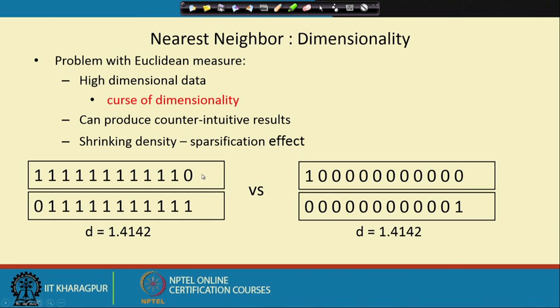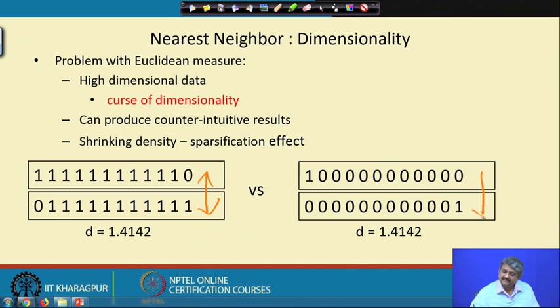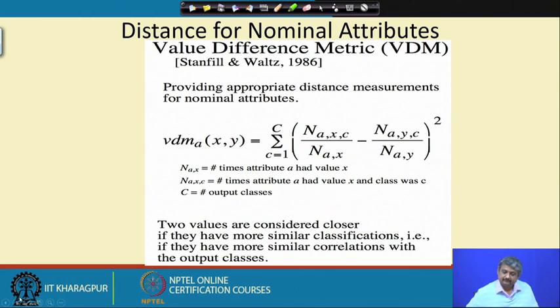Whereas these two are very similar, these two are very similar, this is quite far apart, same d value Euclidean. So, you have to take care of this. This is a very common problem, applying nearest neighbor to high dimensional data without properly choosing a distance function. Many times it depends on the domain.